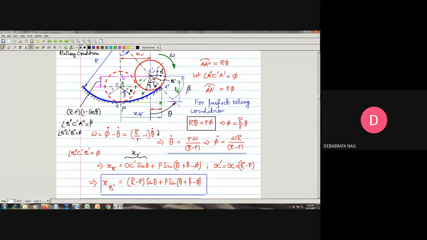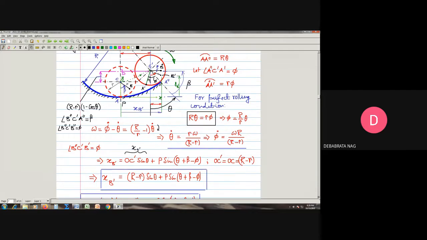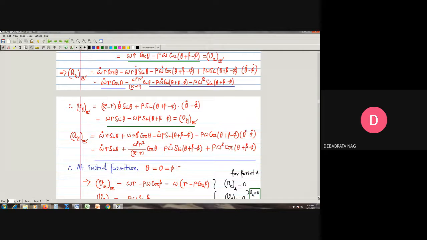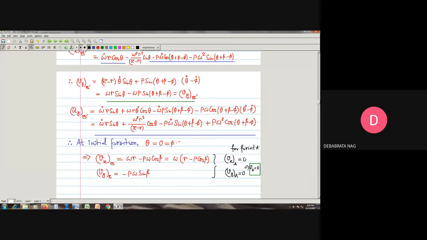Suppose I am trying to calculate the velocity of point A at the initial configuration here at this point, what will be the velocity of this point A?